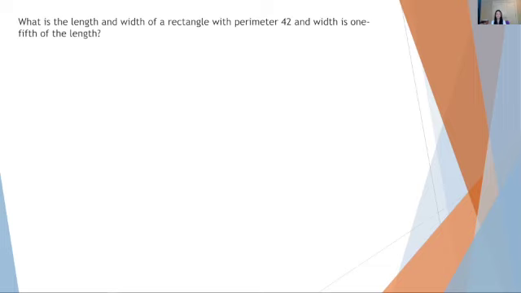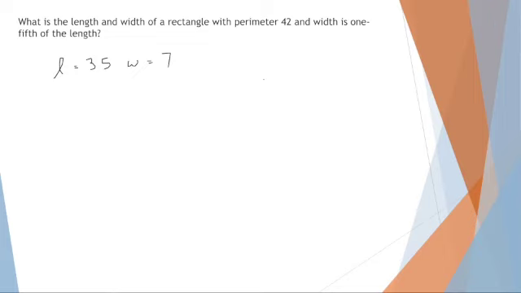William, is your hand up to talk about this? Yeah. Okay. So the length is 35 and the width is 7. Do you want to tell us how you got that?